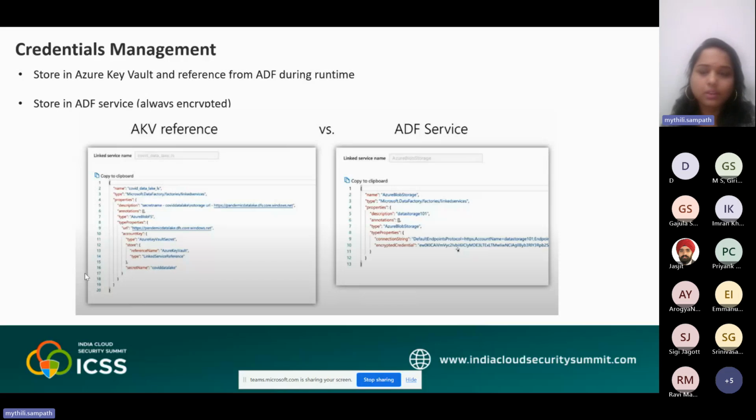If you're using Azure Key Vault, here it will only have a key name, that's it. You won't be able to read what it is. And whatever ADF stores is encrypted. And whatever is stored in ADF applies only to that specific instance. So once ADF stores credentials, you cannot use them in another ADF instance. The scope is limited to that ADF instance.